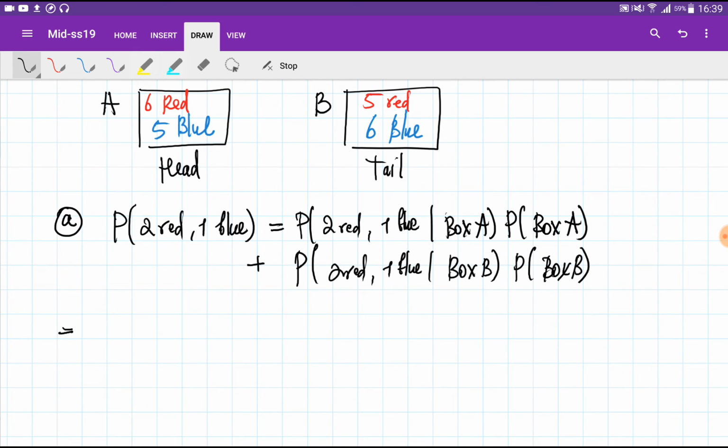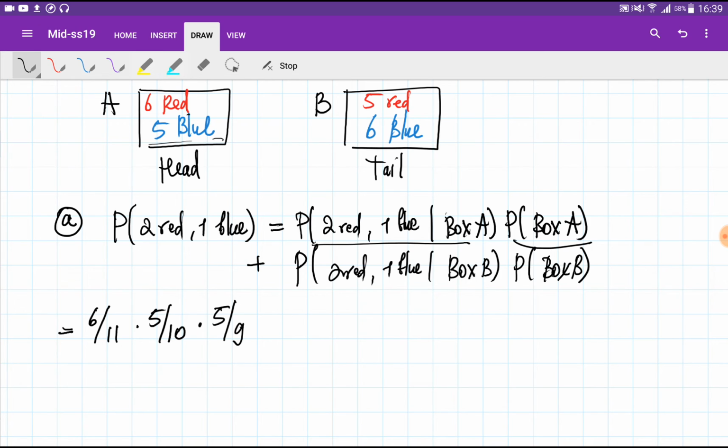So let us evaluate the probability of choosing 2 red balls and 1 blue ball from the first box. Let's assume that we choose the balls one by one without replacement. The probability of choosing a red ball the first time is 6/11, right? 11 balls in total initially, multiplied by 5/10, because we chose 1 ball previously and didn't put it back, and in the last we need to choose 1 blue ball, which will be 5/9.